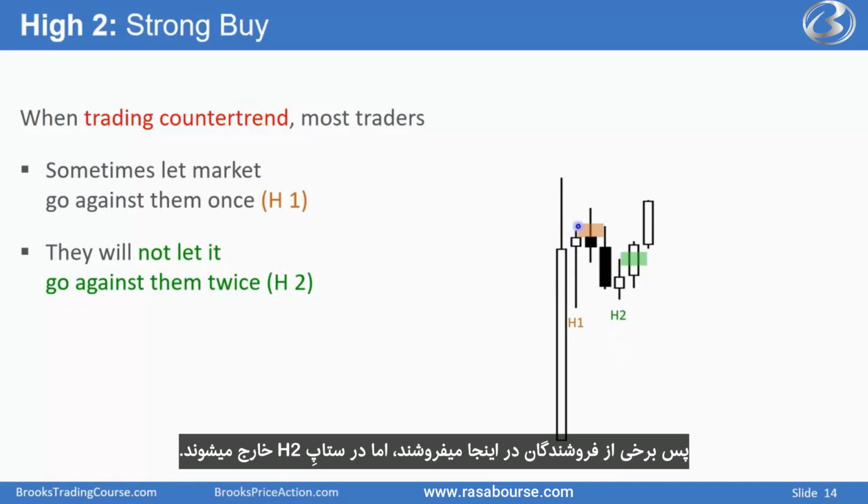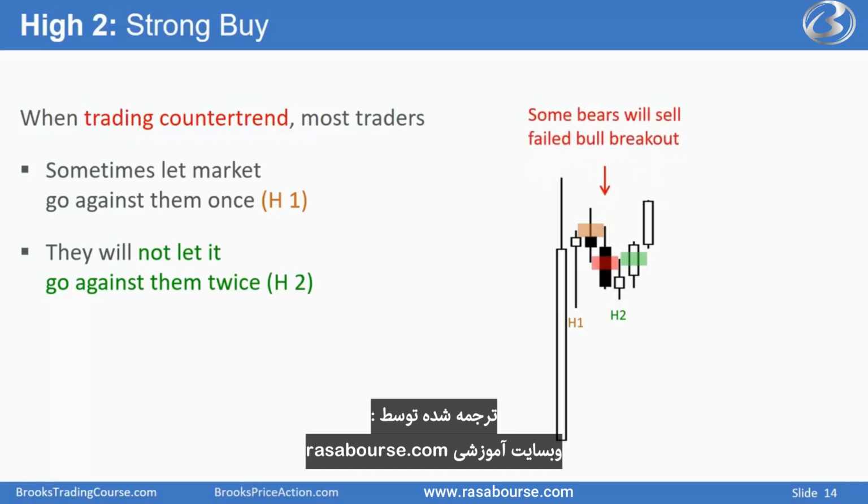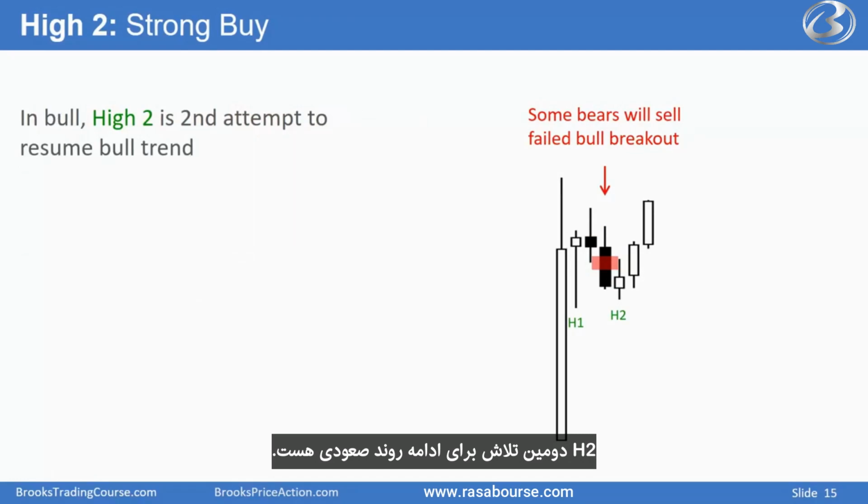Some bears might sell this, but if they do, they're not going to let the market resume up a second time. They're going to get out. And the bulls know that, and the bulls love high twos for that reason. The high two is the second attempt to resume the bull trend, and it therefore has a higher probability of success.